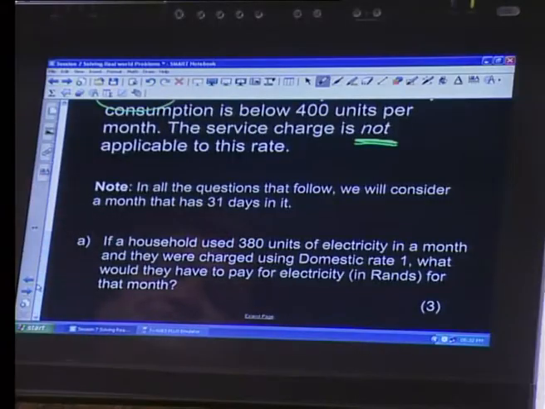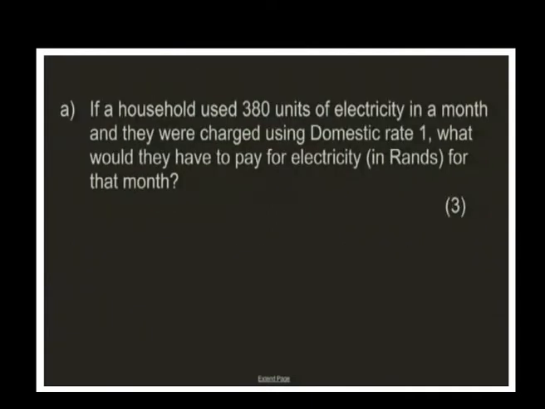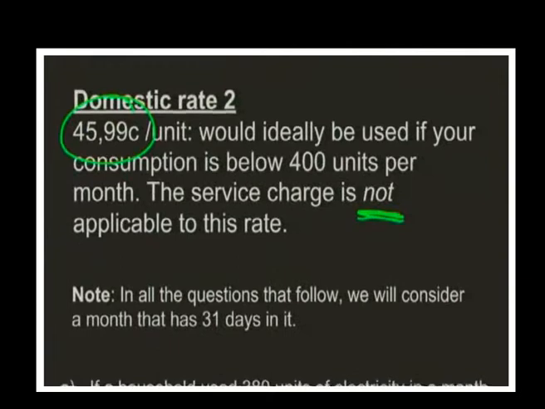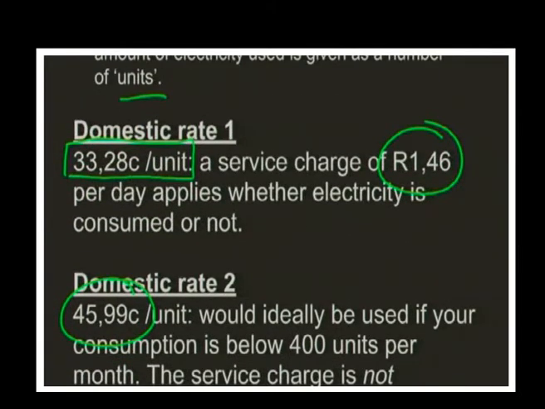Our first question: if a household used 380 units of electricity in a month and they were charged using domestic rate 1, what would they have to pay for electricity in rands for that month? Okay, so let's look at rate number 1. Rate number 1 said, we are charging you R1.46 a day.